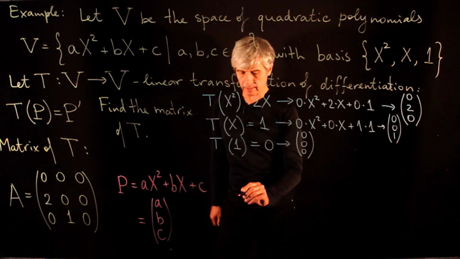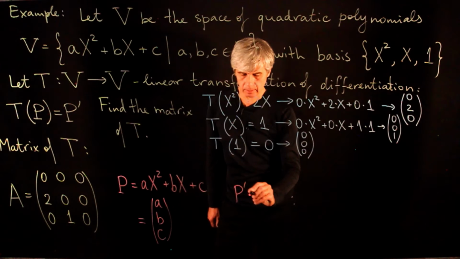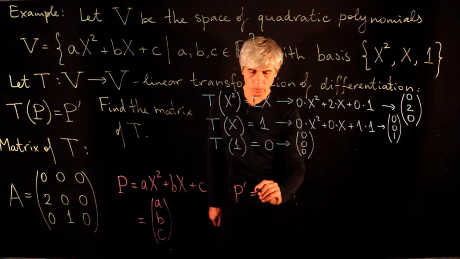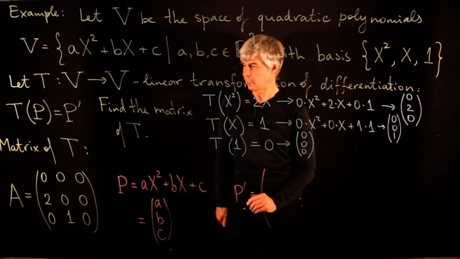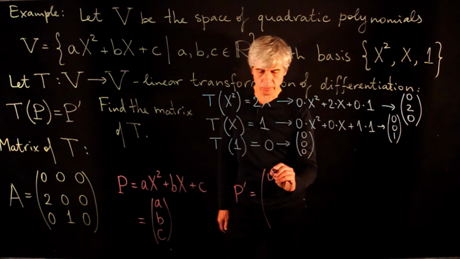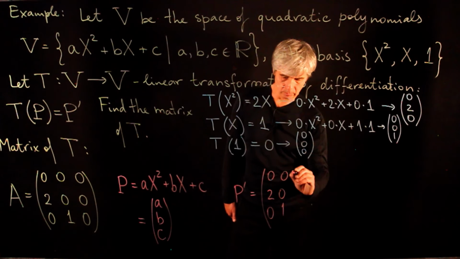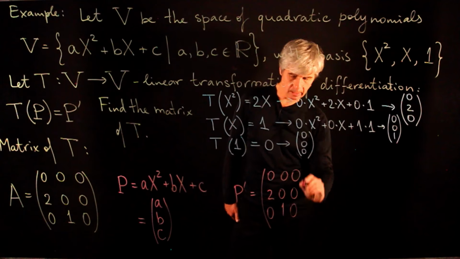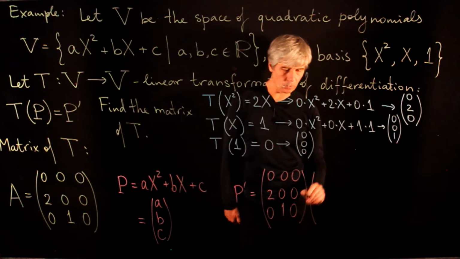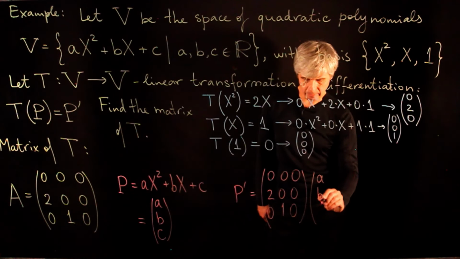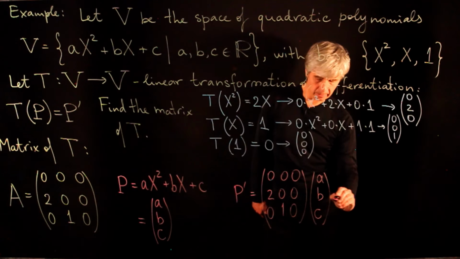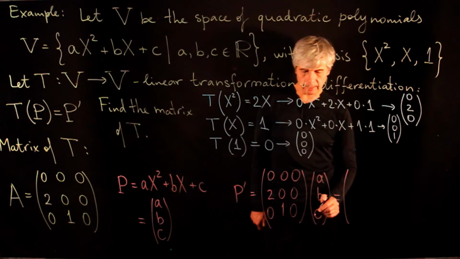To find the derivative, we can take the matrix of our transformation and multiply it by the column ABC, right?